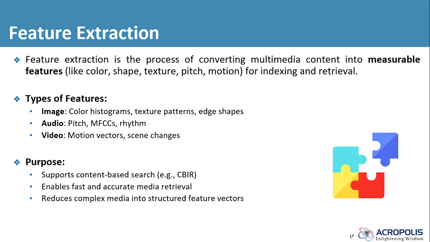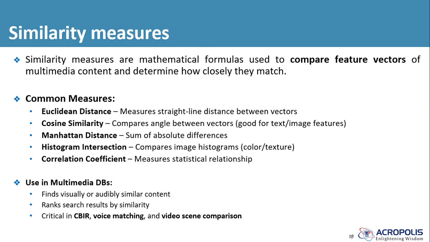Now, feature extraction is a process of converting multimedia content into measurable features like color, shape, texture, pitch, and for each data type there are different features. The purpose of feature extraction is to support content-based search and enable fast and accurate media retrieval.